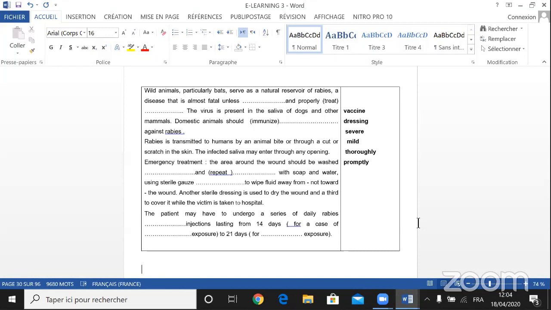The infected saliva may enter through any opening. Emergency treatment: the area around the wound should be washed thoroughly and repeatedly with soap and water, using sterile gauze.